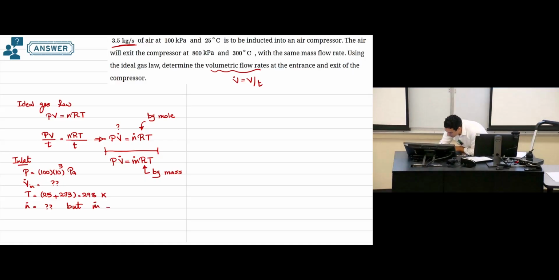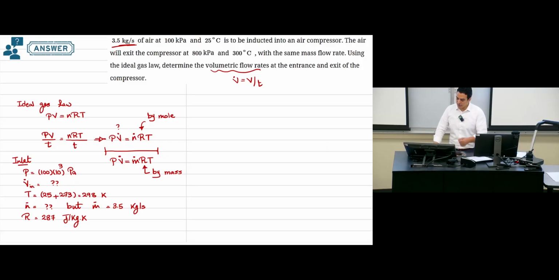The mass flow rate is given as 3.5 kilogram per second, and this is SI system, so we don't need to convert it. The value of R for air in mass units is 287 joule per kilogram Kelvin. Again, go back to the slides that contain R values, you will find this number.